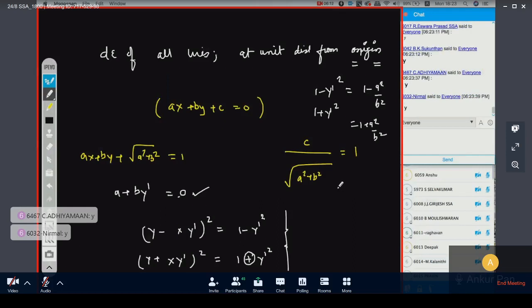Good. Now, based on the options at the front, you have to calculate what 1 plus a square by b square is. Okay. This is made for that. Clear? Good.